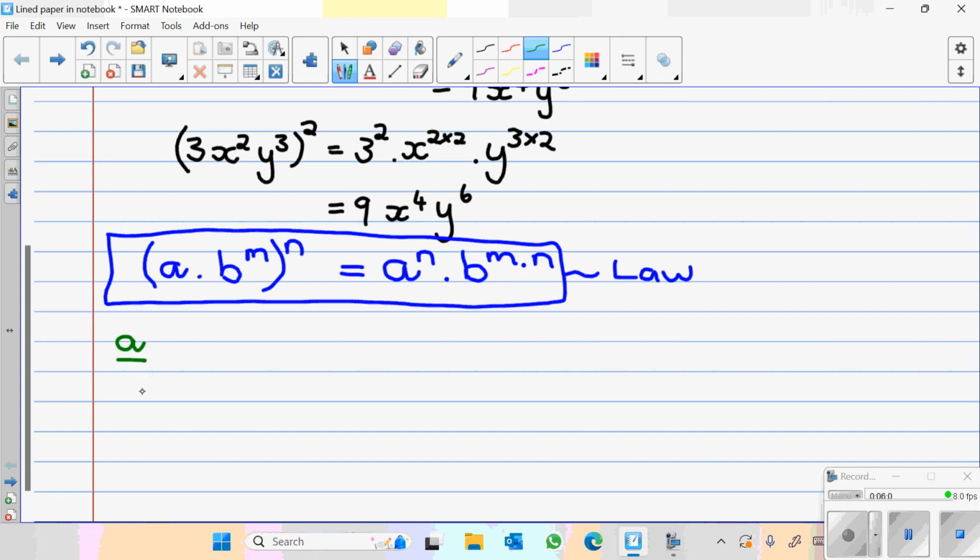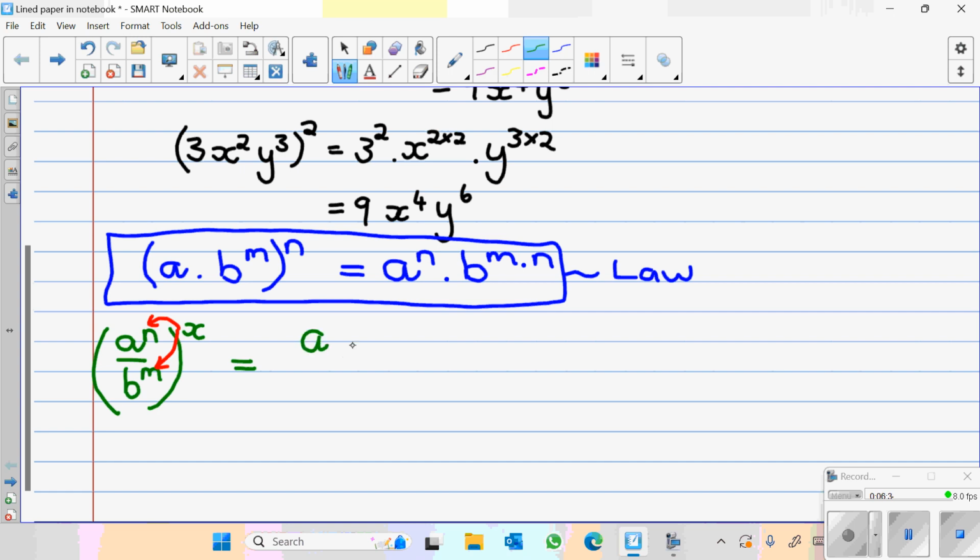Okay, the fourth law is where you have the same type of situation, but in this case, they are divided. Now, once again, it is important to remember that the power you have on the outside must go to both of the ground numbers on the inside. And if there is a power already, I have to multiply it.